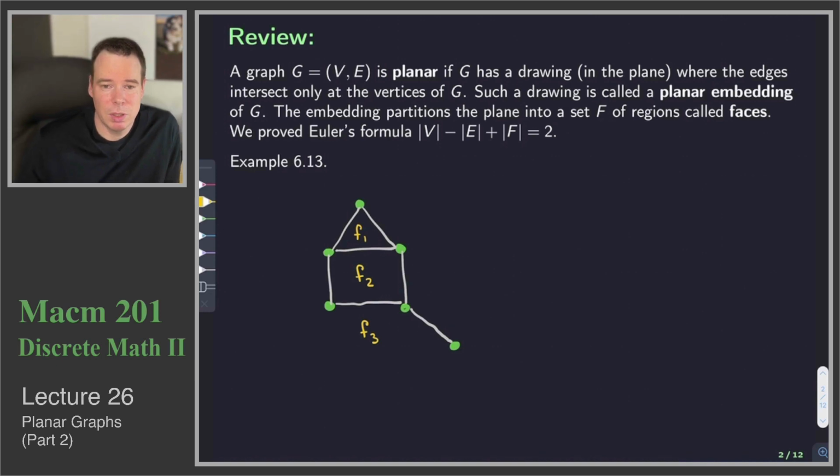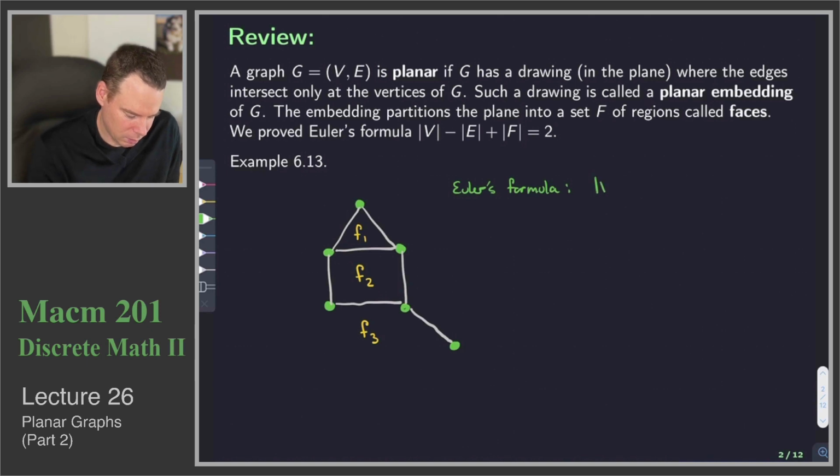How do we know there's going to be 3 regions no matter how we draw this planar graph? Well, that's Euler's formula. Euler's formula tells us, based on the number of vertices and edges, we expect that any drawing of the graph is going to have precisely 3 faces. So in this case, it's the number of vertices minus the number of edges plus the number of faces.